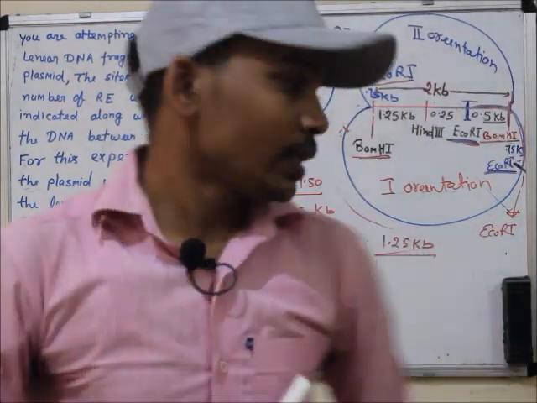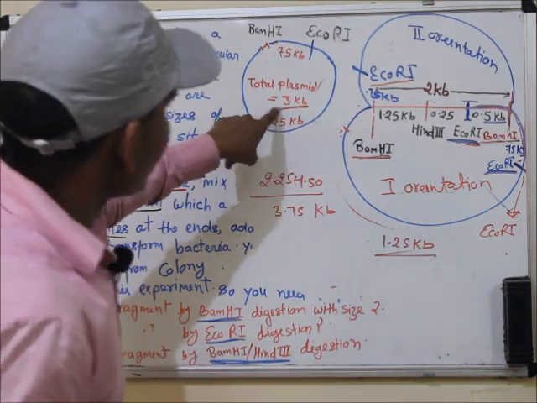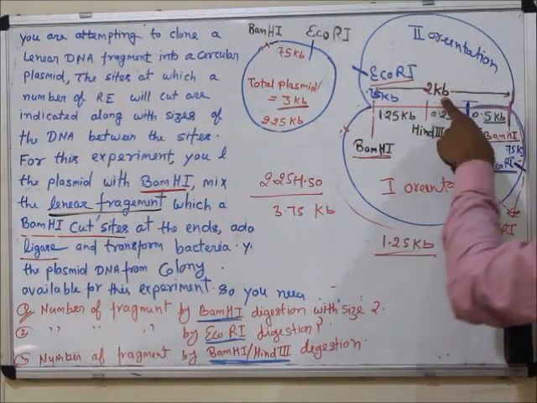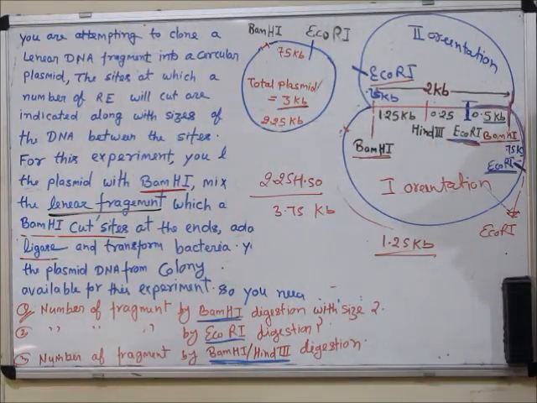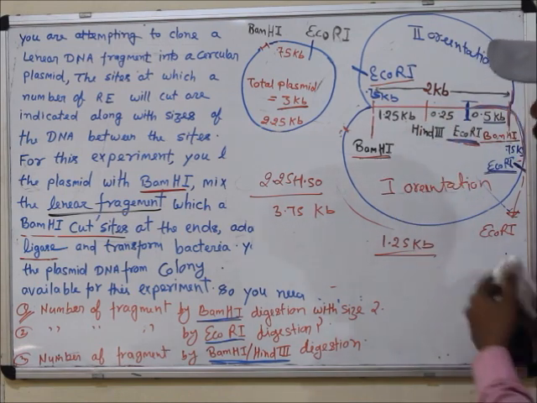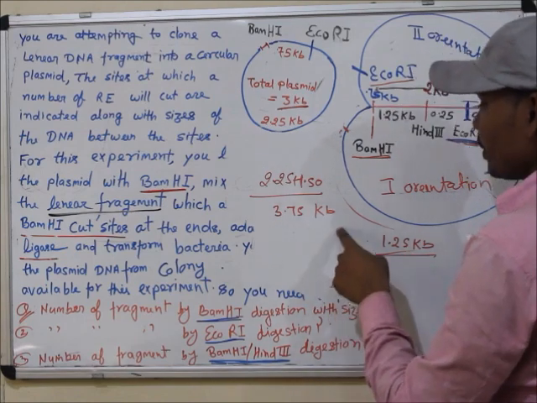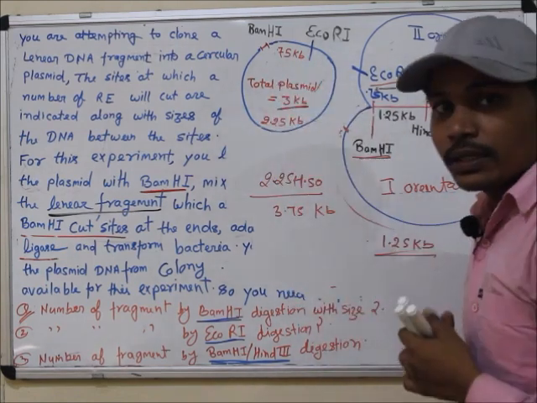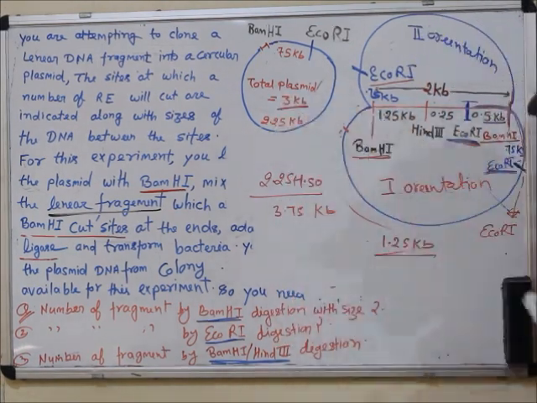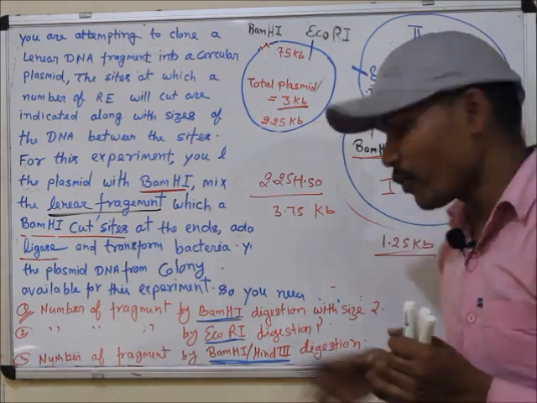Focus on this. Take care that the total length is 3 kb for the plasmid and 2 kb for the insert of foreign DNA. So when you add 1.25 kb, 3.75 kb should complete the 5 kb, because 3 kb of the plasmid plus 2 kb of the fragment equals 5 kb.